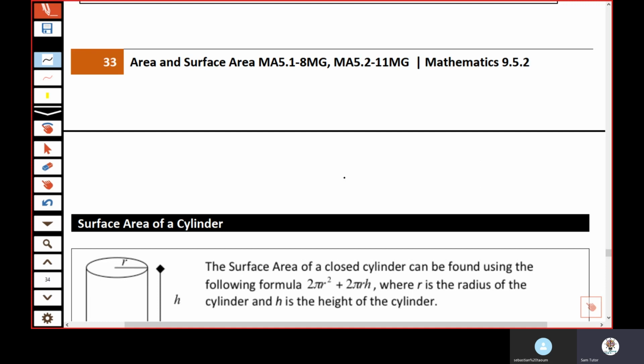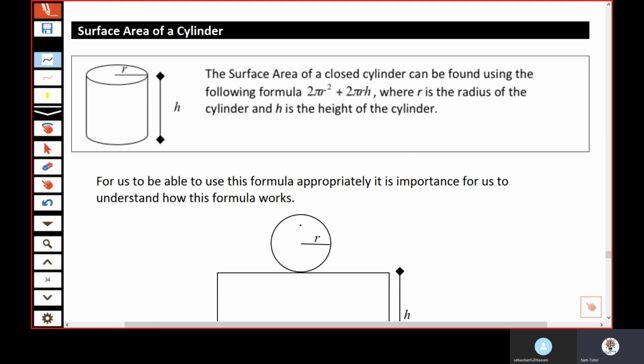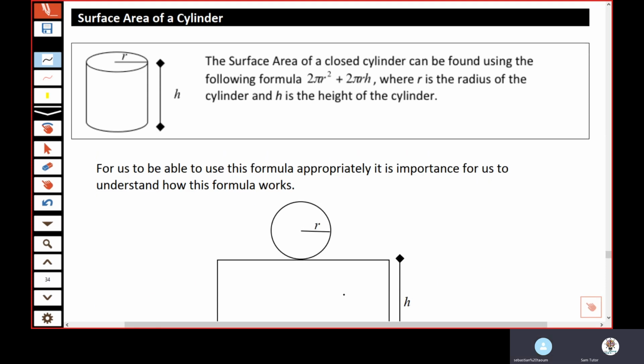Time to do volume. Oh, yeah, no, cylinder. Surface area of cylinder. That will be in your exam. The formula is this, so write it down. Did you write it down?